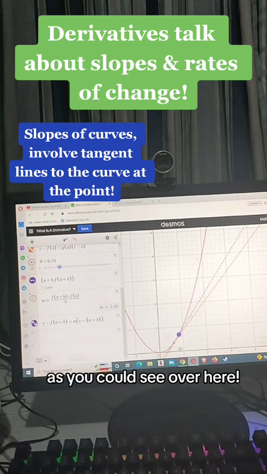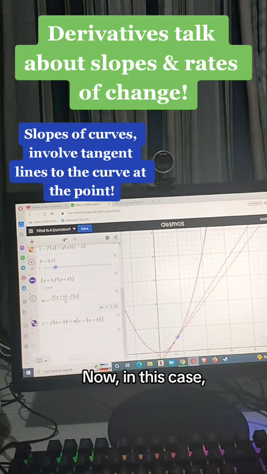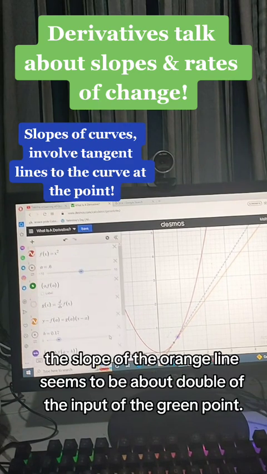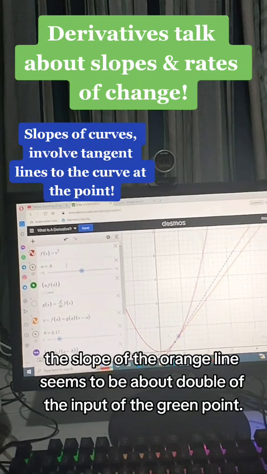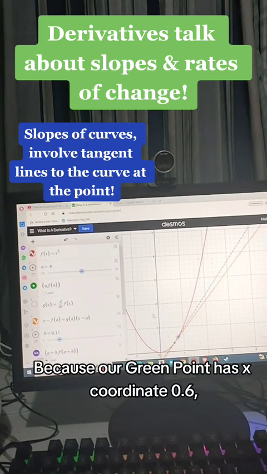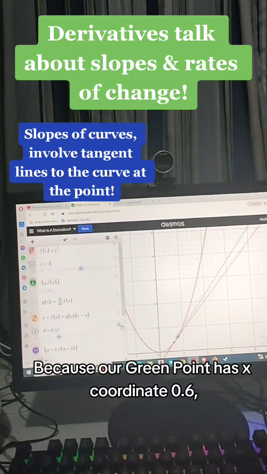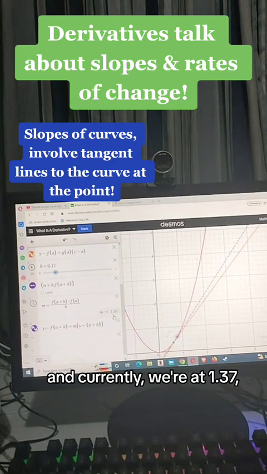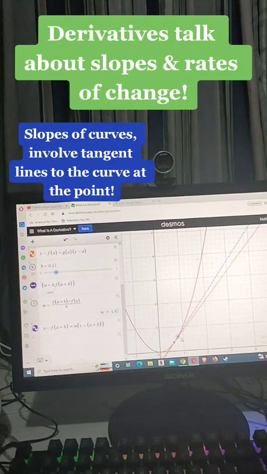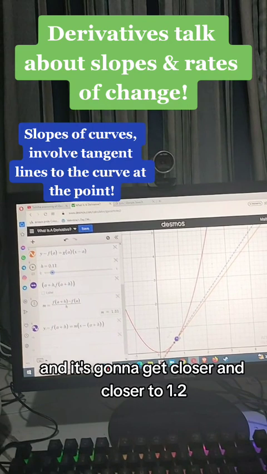So as these points get closer together, the slope will approach the derivative that we would like, as you could see over here. In this case, the slope of the orange line seems to be about double our input of the green point, because our green point has x-coordinate 0.6, and currently we're at 1.37, and it's going to get closer and closer to 1.2.